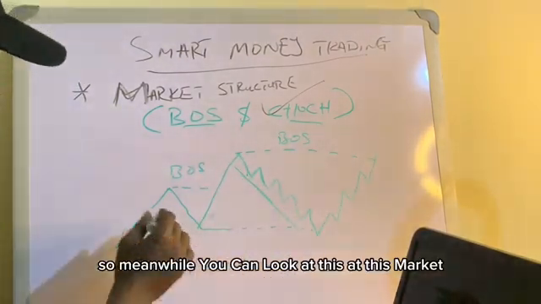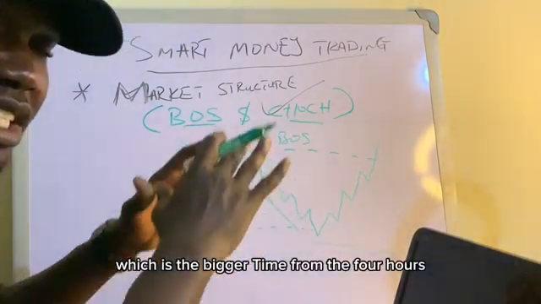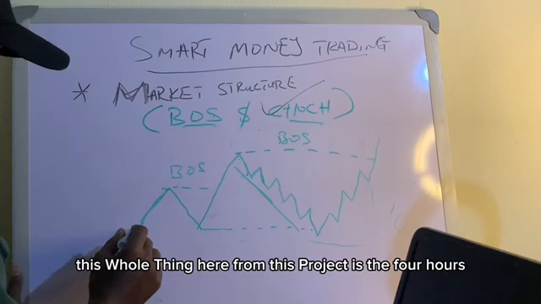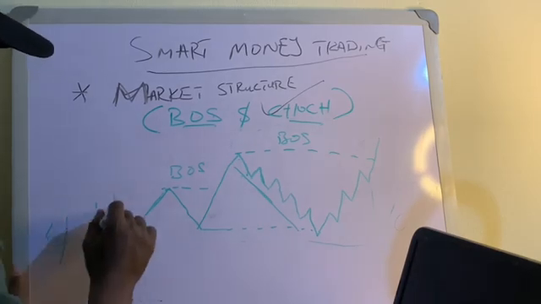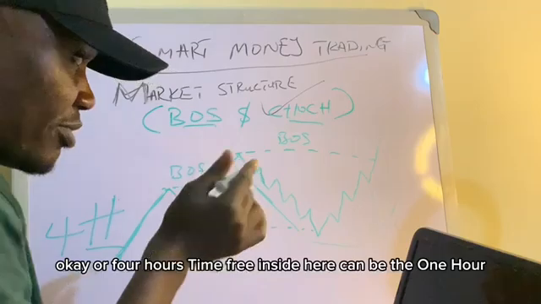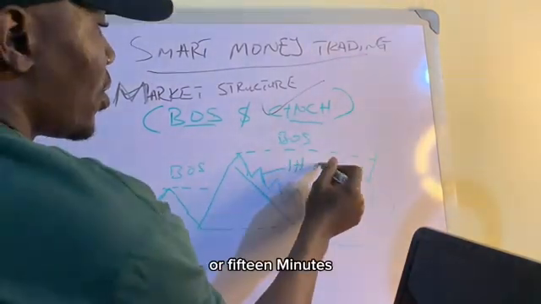Meanwhile, you can look at this market and see the external structure, which is the bigger time frame, the 4 hours. This whole thing, from this origin, is the 4 hours candle, and inside here can be the 1 hour or 15 minutes.